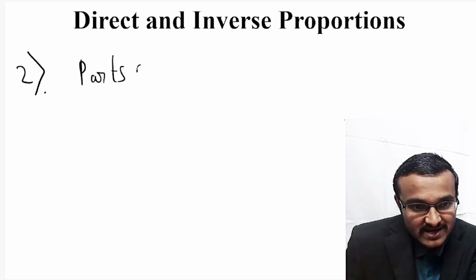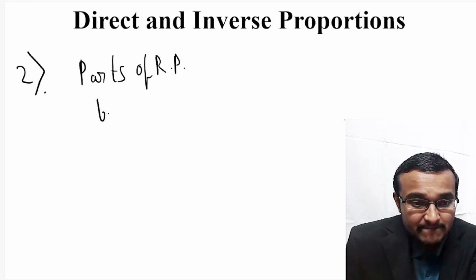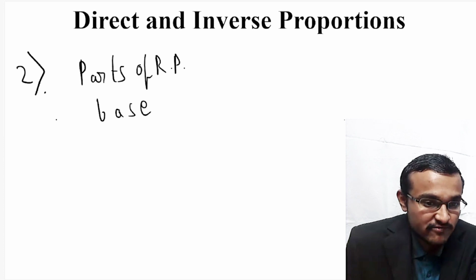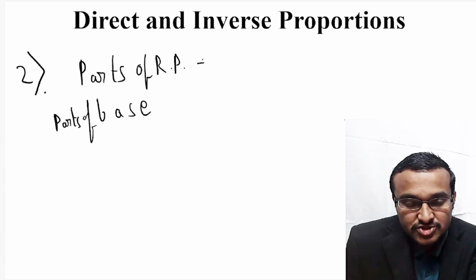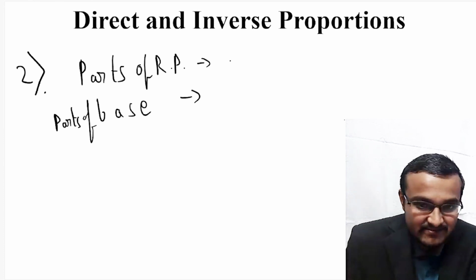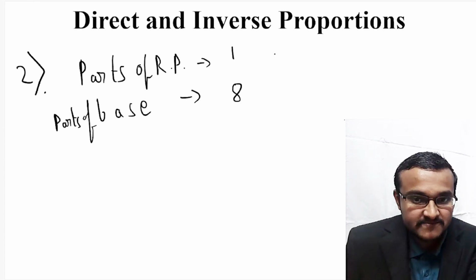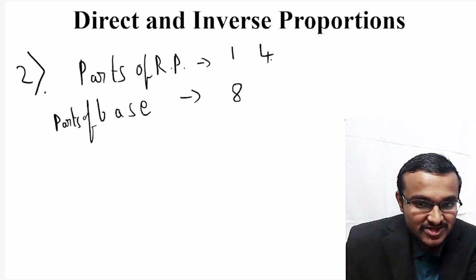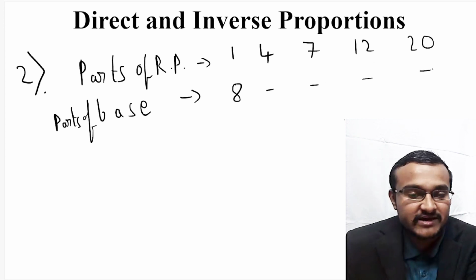So the x values are parts of red pigment, I'll just write RP, and y values are base, how many parts of base. For one red pigment, 8 parts of base should be mixed. So how much should you mix for 4, for 7, for 12, and for 20? Here you should go on filling these y values.